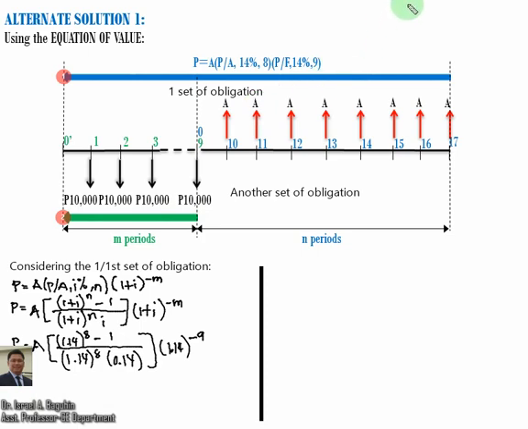So we then have the value of P, which is equal to 4.6389 as a function of your annuity times 1.14 raised to the negative 9, or simply P is equal to 1.4265 as a function of your annuity.